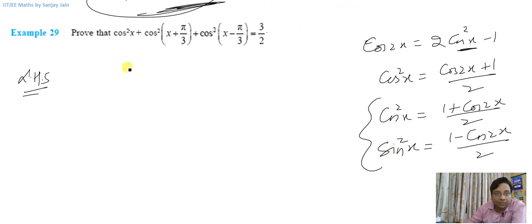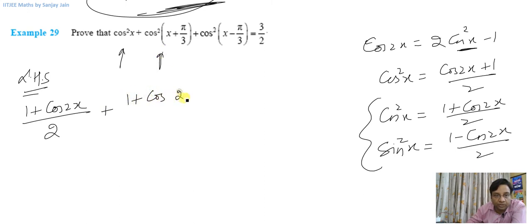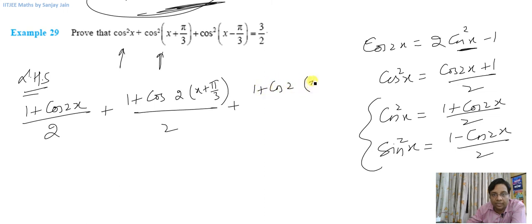These are very important while solving a lot of questions. So let me use this. cos²x can be written as (1 + cos 2x)/2. And then again cos²(x + π/3), so (1 + cos(2x + π/3))/2. And then (1 + cos(2x - π/3))/2.